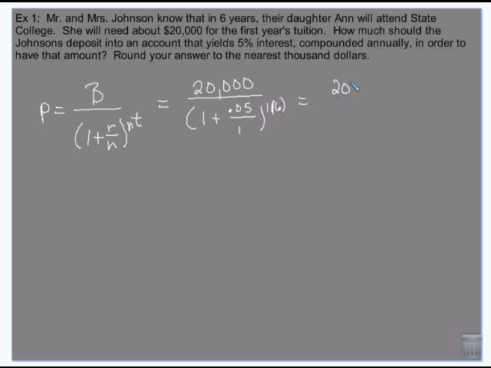So we're going to do 20,000 divided by 1.05 to the 6th. Okay, and when I do that math, I get, yes, see, if I want $20,000 in 6 years, I need to put away close to $15,000 today.